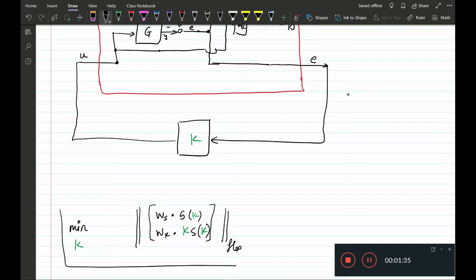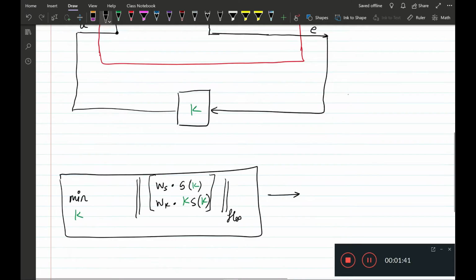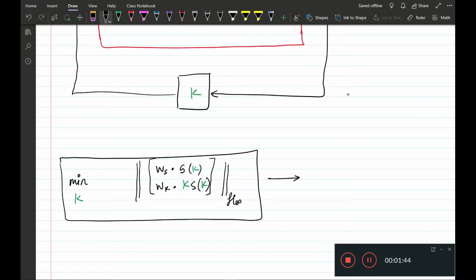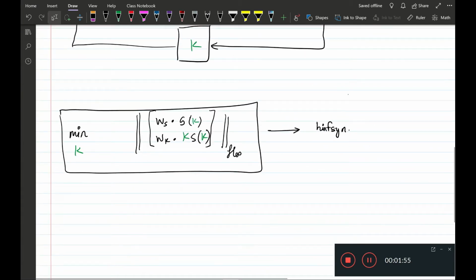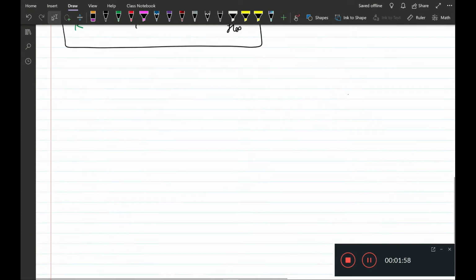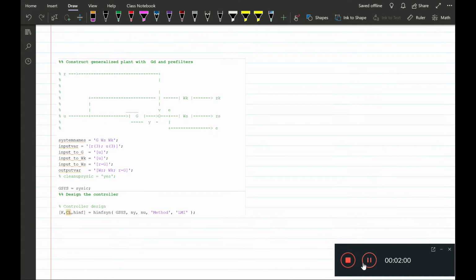So this is the problem, and we know that the solution to this problem could be obtained in Matlab with the command Hinf, and you just have to provide the generalized plant to this command, and this is now shown in this code. Here you see the generalized plant that we just defined above, and this is how you define the generalized plant, and then you execute sysic and then the Hinf command.